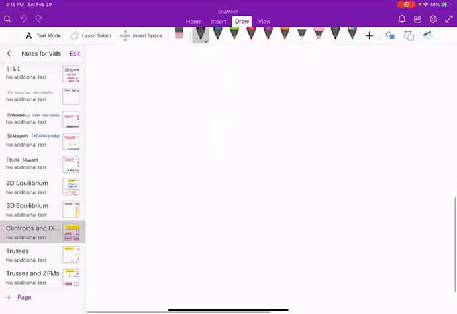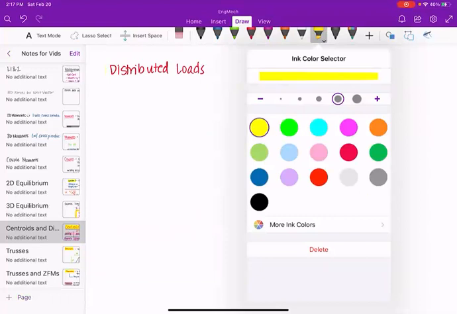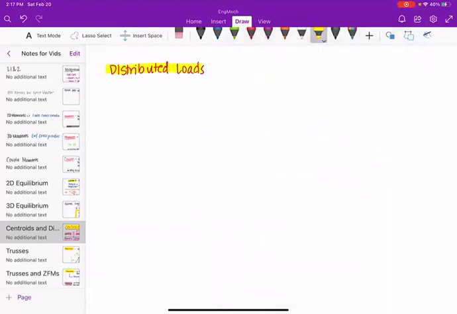So quickly going through distributed loads, because that's really why we're looking at that. The idea behind distributed loads is that, from a practical perspective, you can effectively make a load lighter by distributing it.